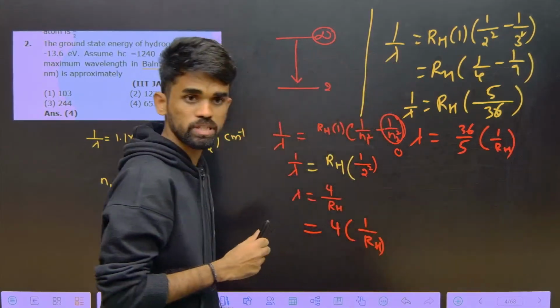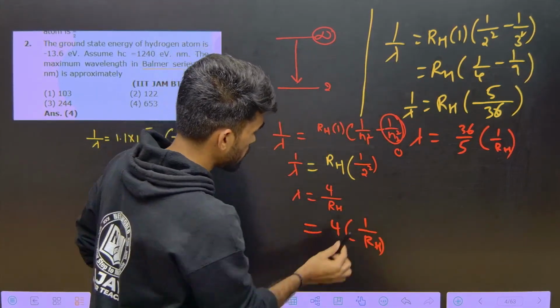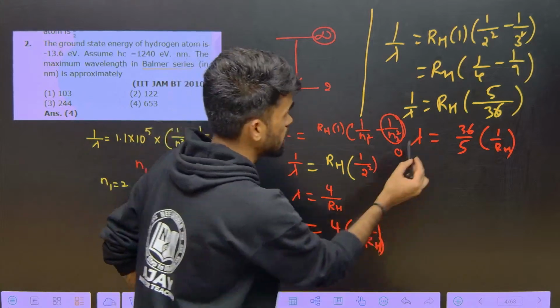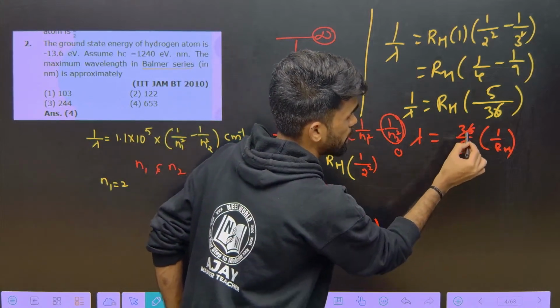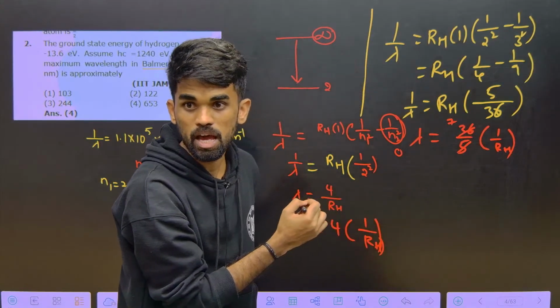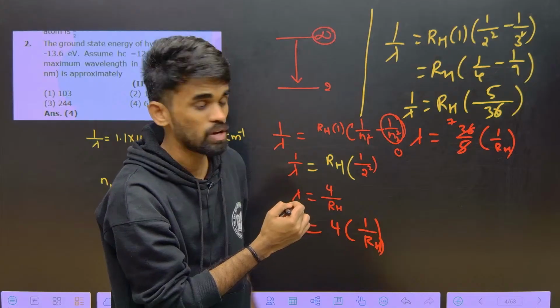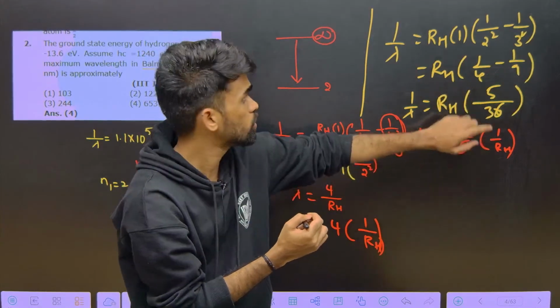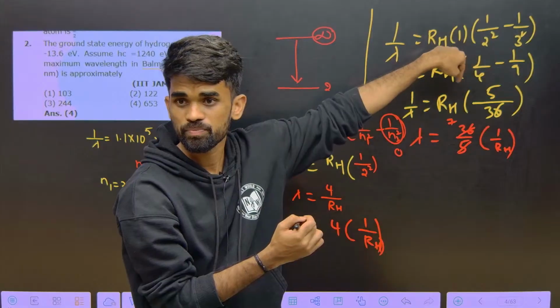RH is common in both cases. Now tell me, here we have 4, and here 36 by 5. How much will we get? 5 sevens are 35, so 36 by 5 is about 7. Which is bigger here? Where are we getting the bigger lambda? Wavelength is bigger in this case, so the maximum wavelength is in this case.